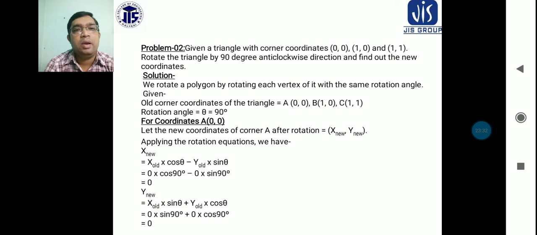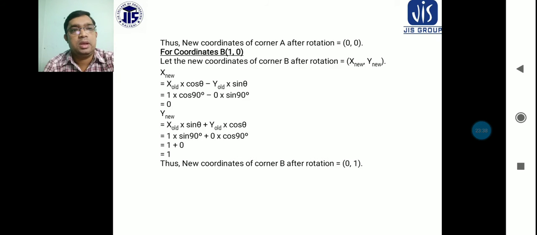Similarly, we calculate the coordinates of B. The original coordinates of corner B are (1, 0).